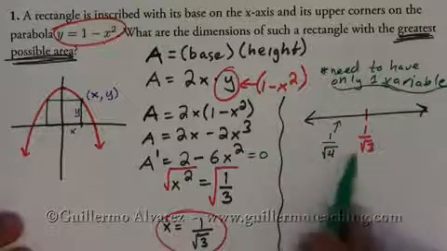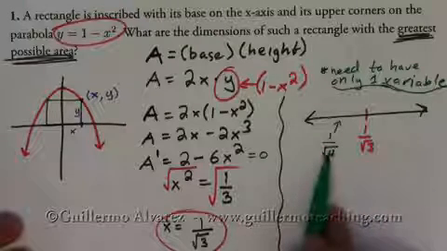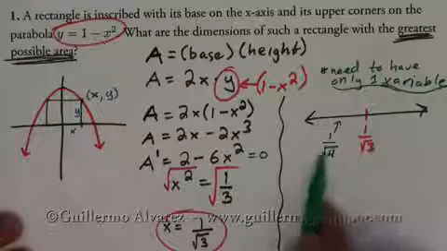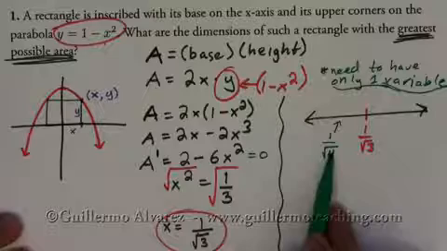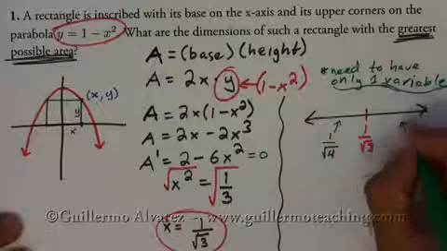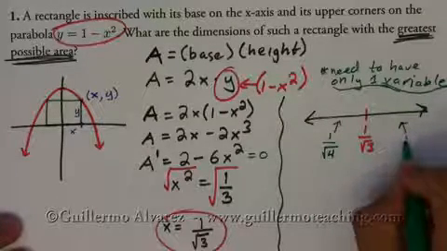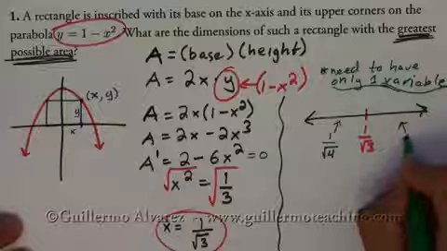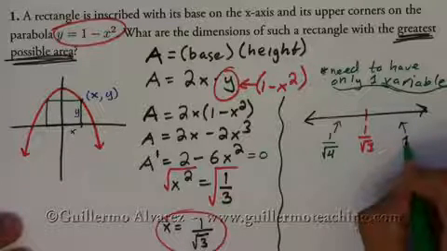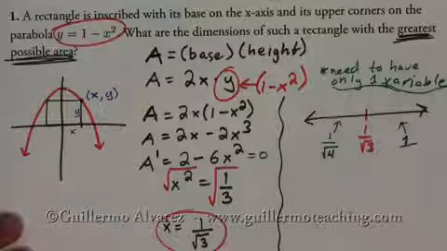This is smaller than 1 over root 3, because the square root of 4 is bigger than root 3, so that sounds good. How about over on this side? How about we test 1?